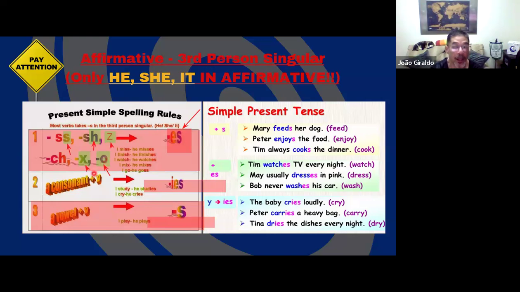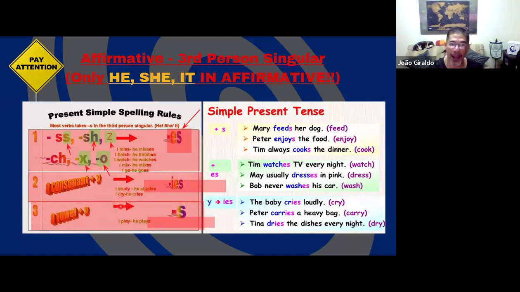Okay? And rule number 2, very important too, is the rule where the verb finishes in consonant and Y. For example, study, the verb to study. You have the D and the Y. D is a consonant and Y is Y, consonant too, okay?